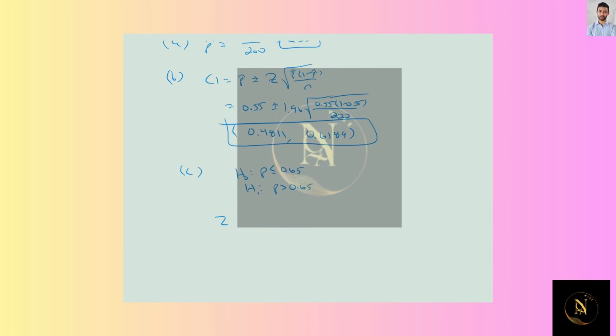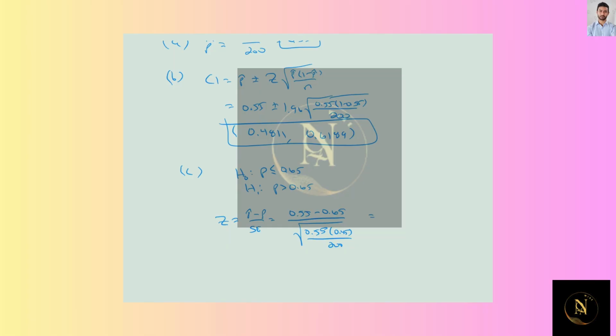Now we need a z-test statistic, which is going to be p hat minus p over the standard error, and that would be 0.55 minus 0.65 over the square root of 0.55 times 1 minus 0.55, or 0.45, over 200.